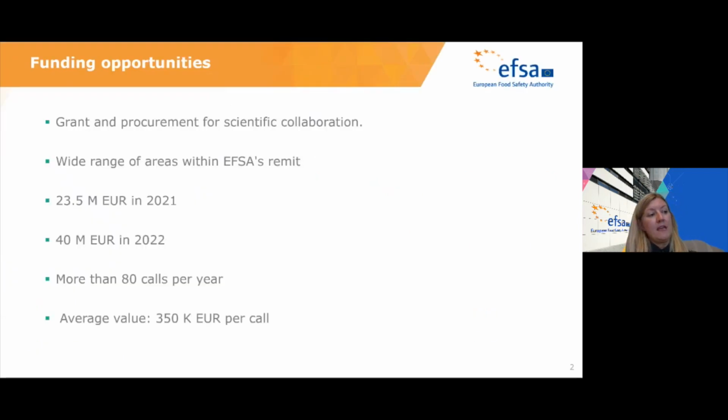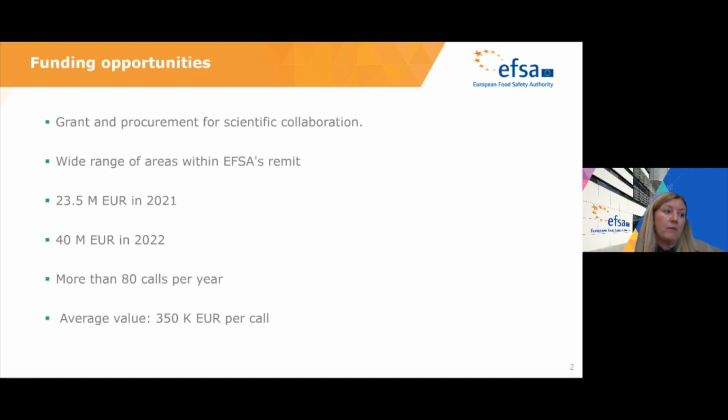Now, EFSA every year offers a range of opportunities for scientific collaboration via its grants and procurement schemes. As outlined by the previous speakers, the collaboration is sought on a very wide area of activities that contribute to EFSA's mission, in the area of data collection, preparatory work for scientific opinions, as well as other scientific and technical assistance activities.